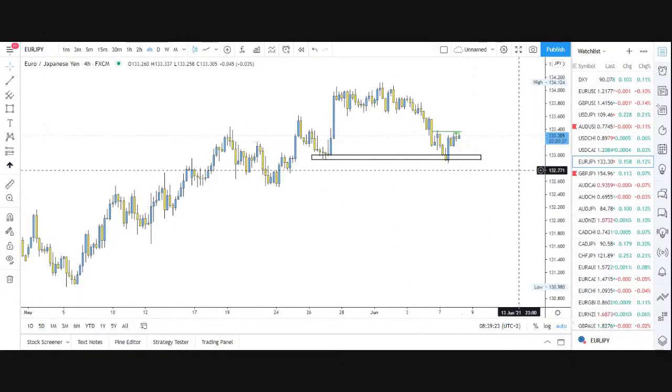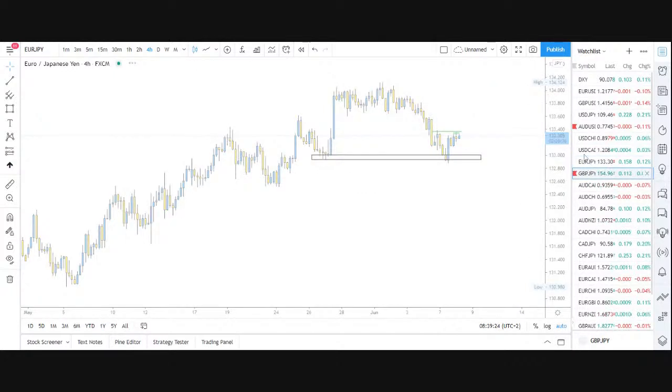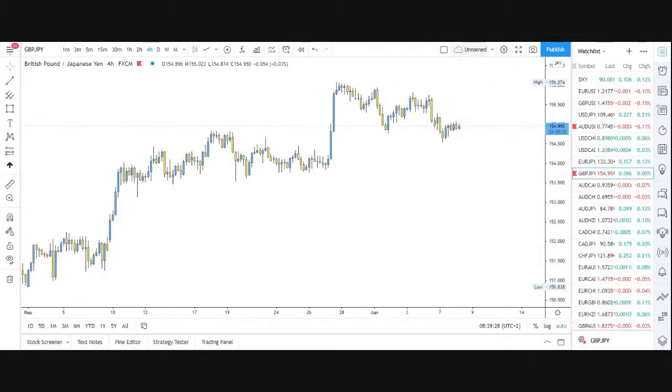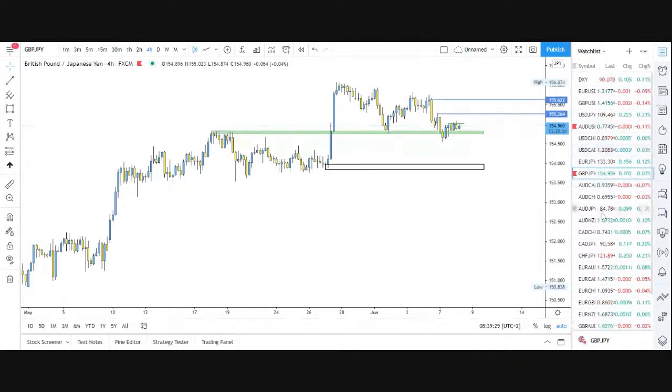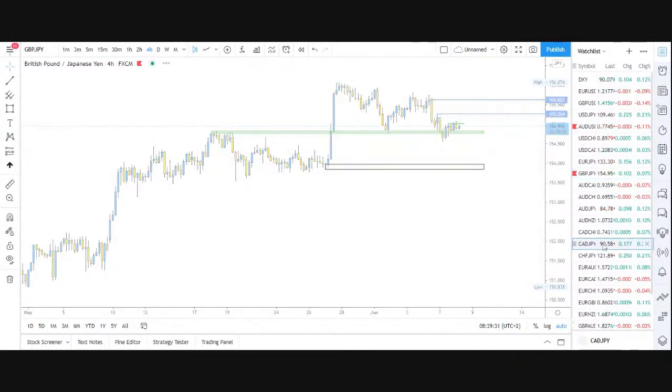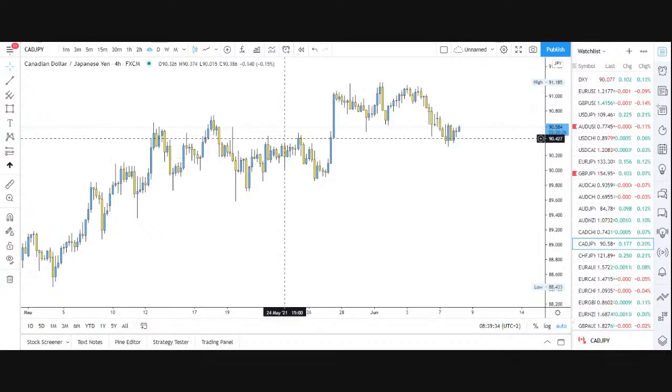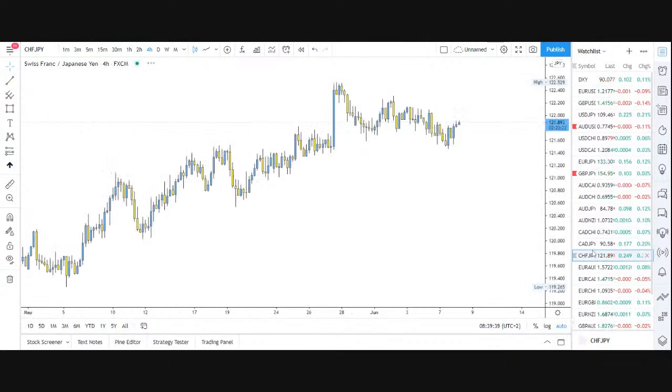I would say Euro GBP, both these GBP pairs are looking like there's potential for upside. Let me check these JPY pairs. Let me see. So you can even see here there could be potential for upside. Let me check AJ.